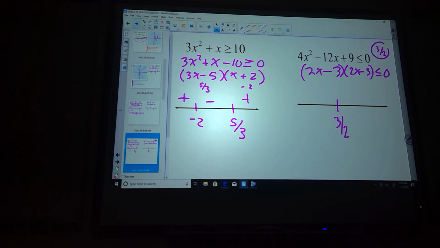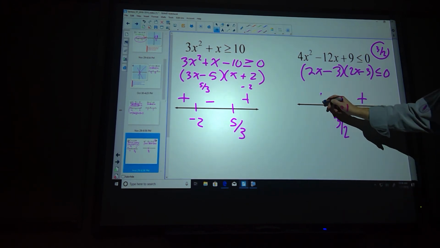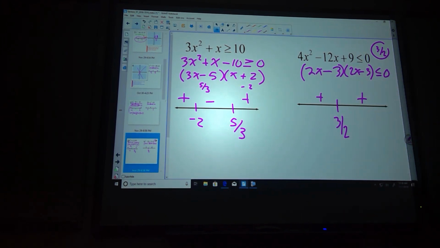It opens up. Okay. If you graph this as y equals, it's going to be positive, positive, positive. So what's the answer here? Positive. What's the answer we're looking for though? We're looking for negative. Is it going to be negative anywhere? No.